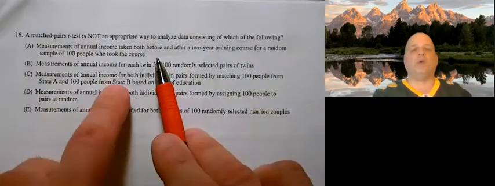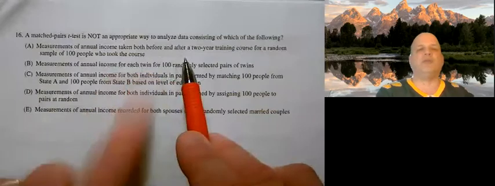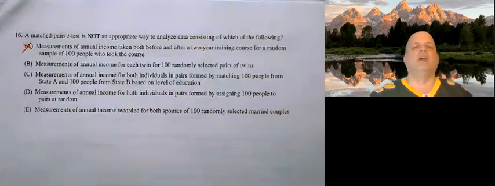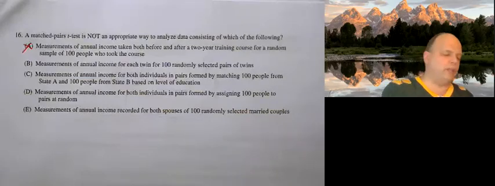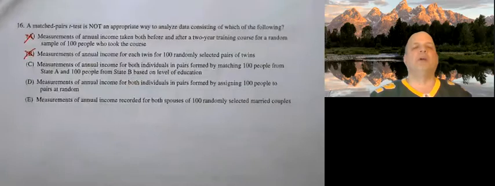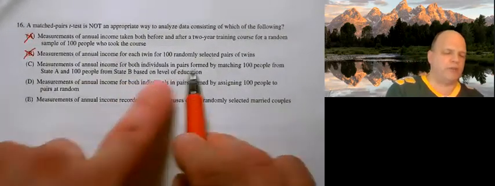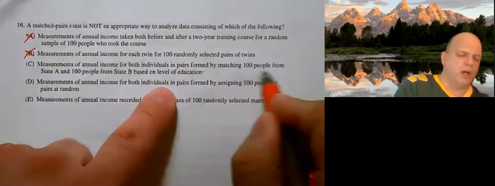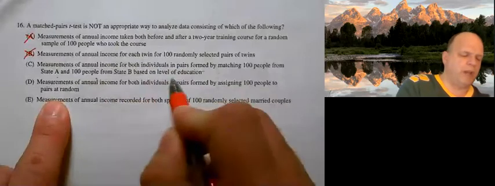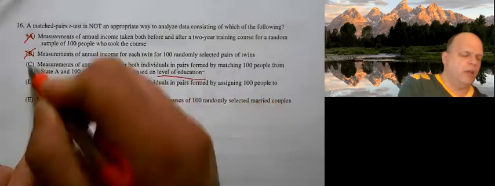Oh, they tested me before the training course and then afterwards? Because I'm tested twice, paired makes sense. Measurements of annual income for each twin. Oh, we have a twin and we're comparing directly to their twin. Twins make good pairs. Measurement of annual income for both individuals in pairs formed by matching 100 people in state A and 100 people from state B based on level of education.